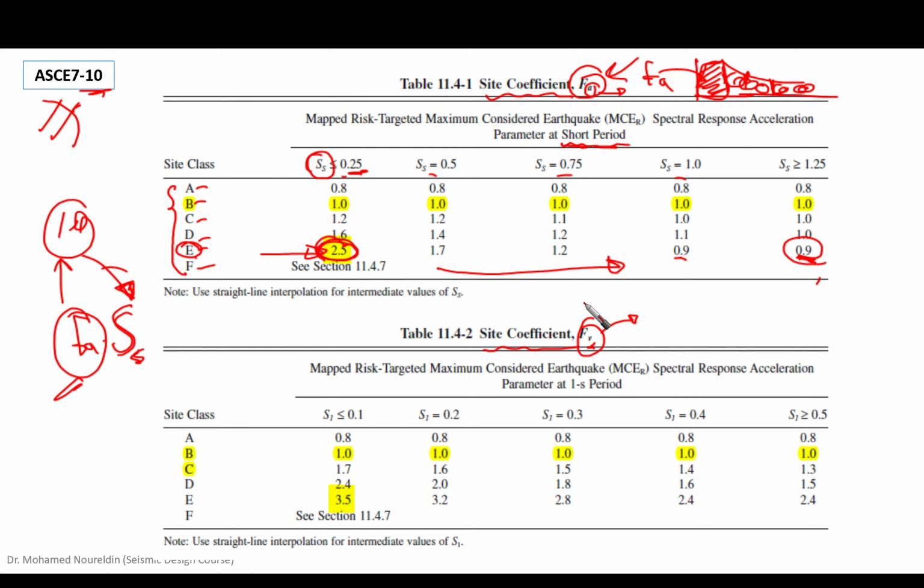Then in the same case, we are going to look at each one here, S sub S. Whenever we go to a stiffer soil class here, this means that we are having an amplification factor that is higher. And this is similar for FV as well.